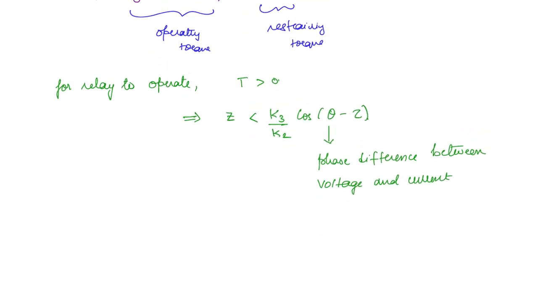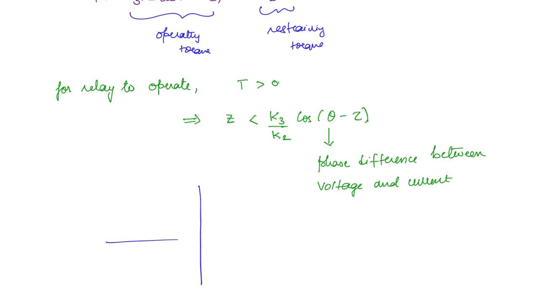If you plot this expression on the RX graph, it gives you a circle passing through the origin. The operation zone is inside the circle, and outside the circle is the no operation zone.